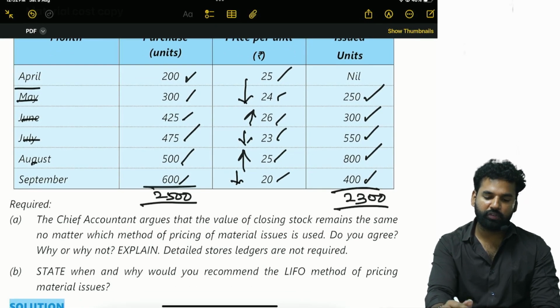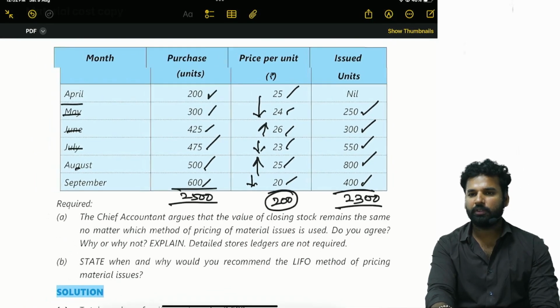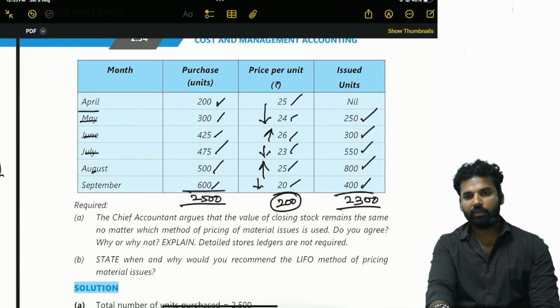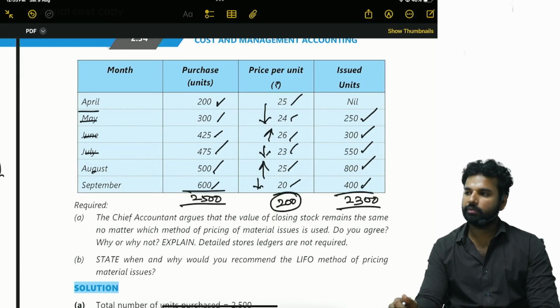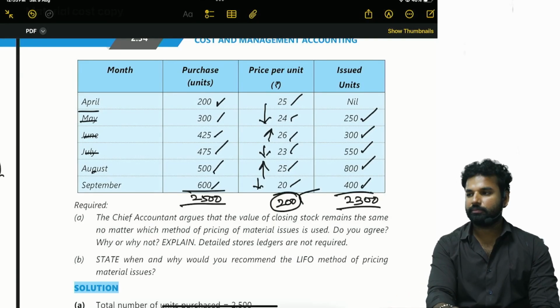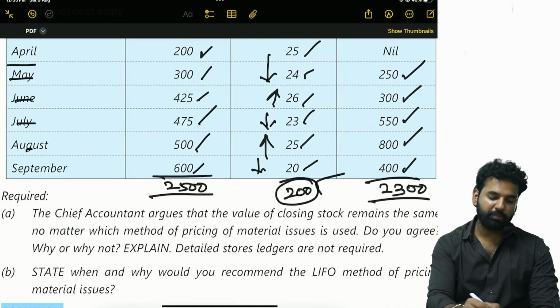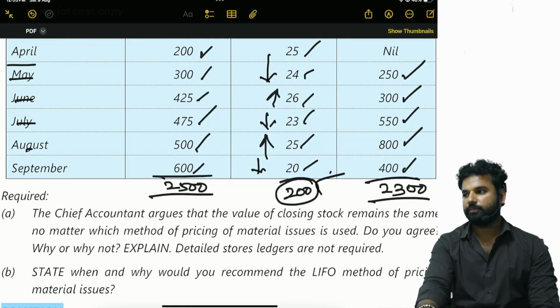That means closing stock will be 200. Obviously 200 will be the closing stock. The value of the closing stock will differ from LIFO to FIFO, but the quantity will be the same. And that too, September month material will be in closing stock.